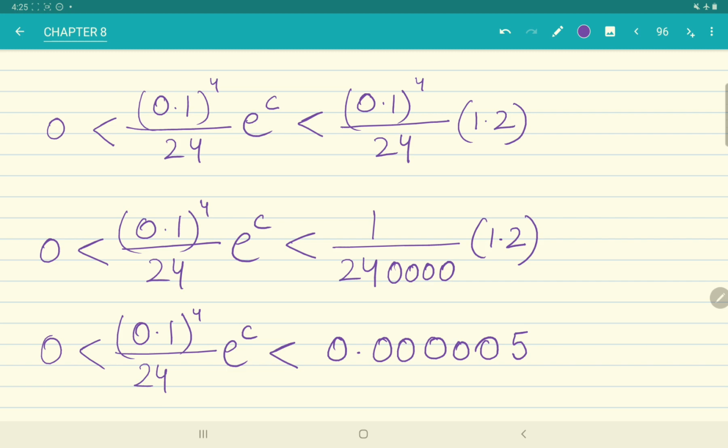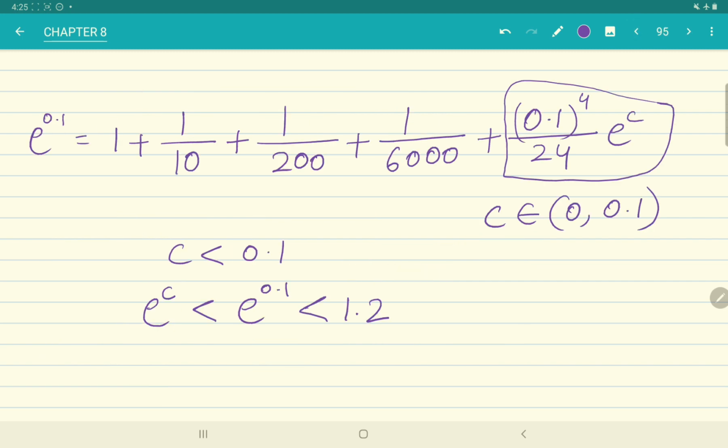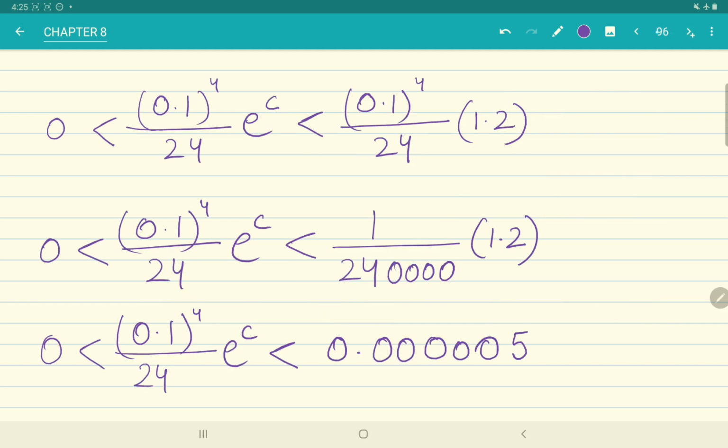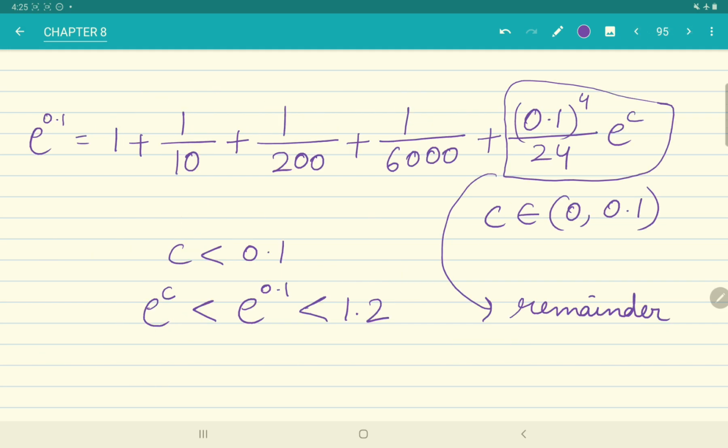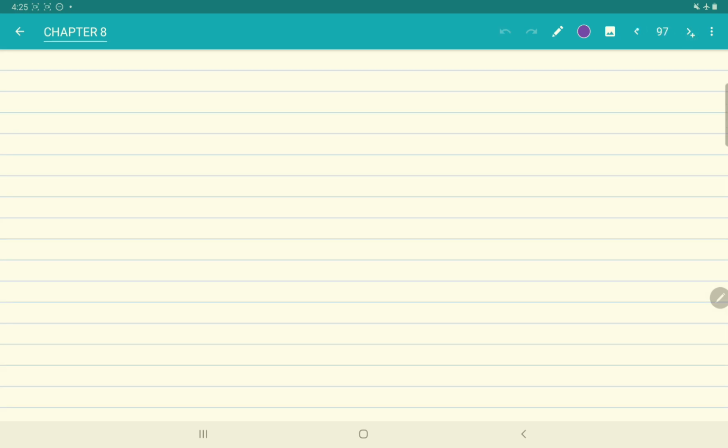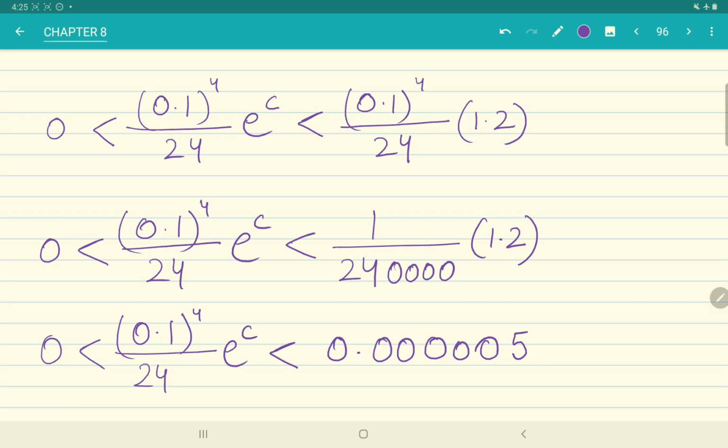If I drop this remainder, and I should remind you that this is nothing but my remainder, this will be the error, and the error is going to be 0.1 raised to the power 4 divided by 24 multiplied by e raised to the power c.